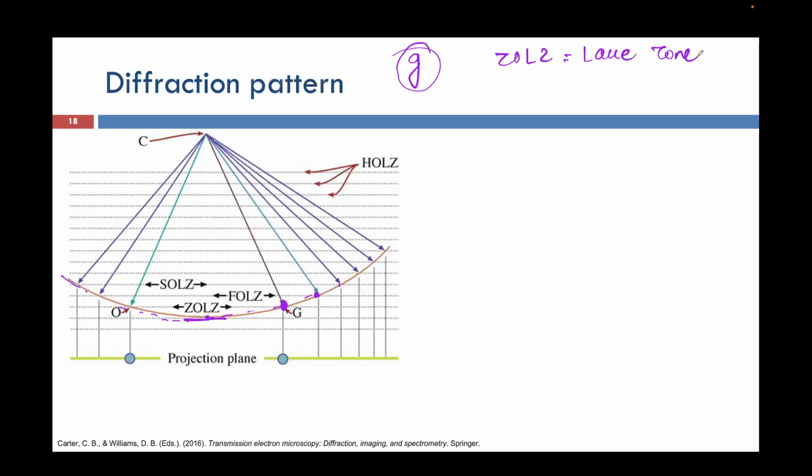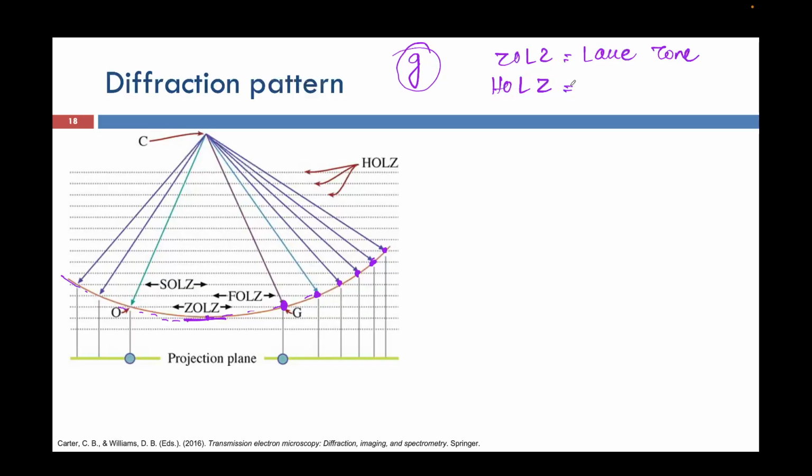All the other points which also lie on the surface of the Ewald sphere, which we cannot see in conventional TEM, constitute the HOLZ, the higher order Laue zone.